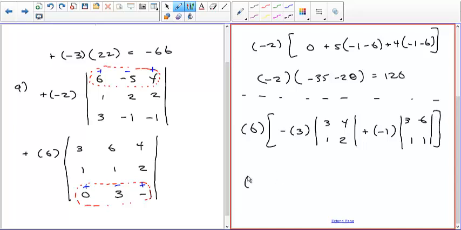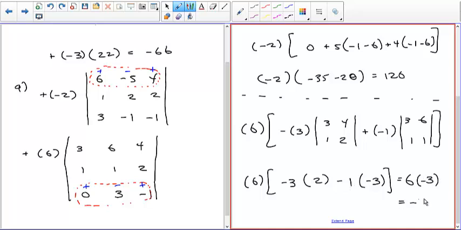Okay, so we've got 6 times negative 3. Here we have 6 minus 4, which is 2. Then we have minus 1 from here. And then we have 3 minus 6, which is negative 3. So that's 6 times, we've got negative 6 plus 3, which is negative 3.